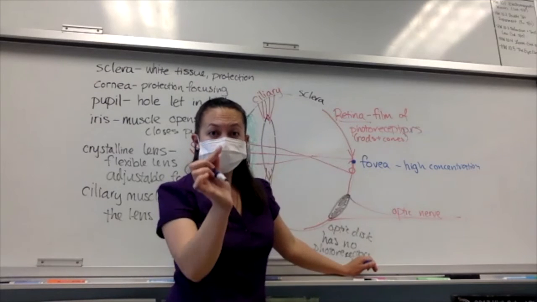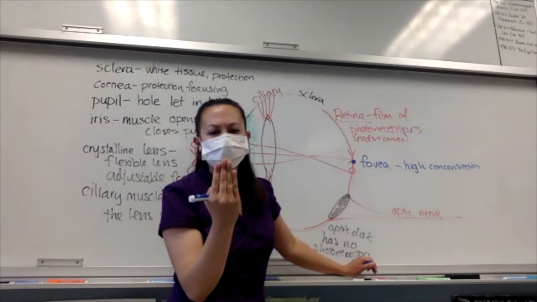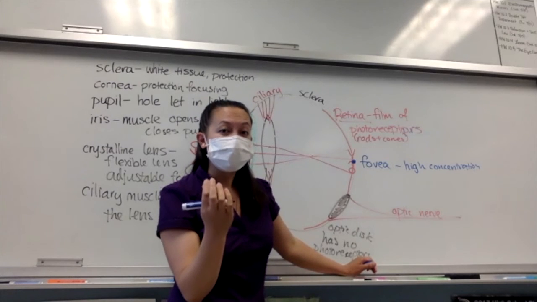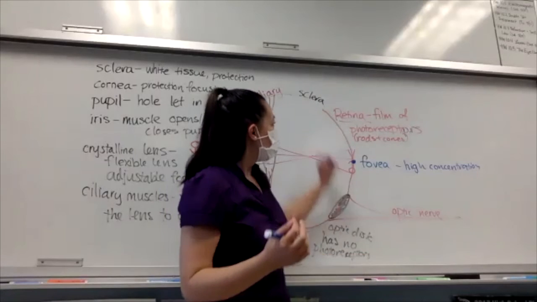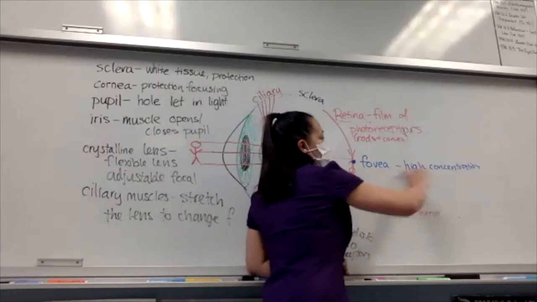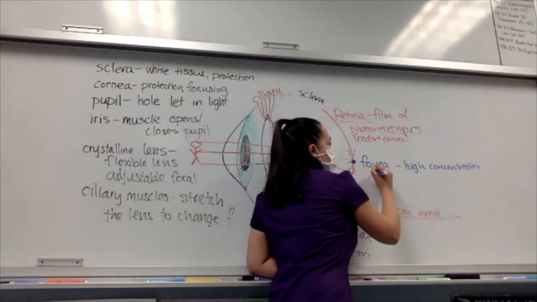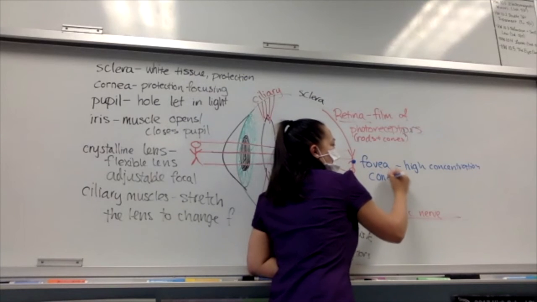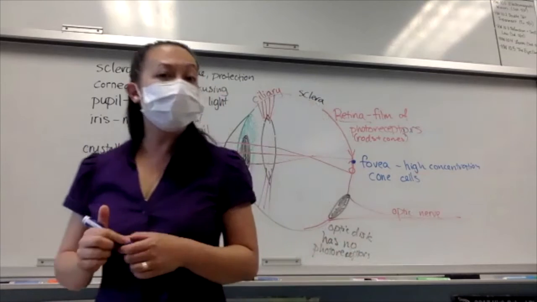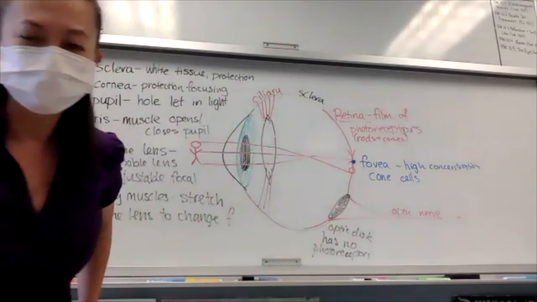When you're focusing on something, like looking at your fingerprints, you're using all the photoreceptors in your fovea to see those. Your peripheral vision comes from the outside parts of your retina. The fovea has a high concentration of specifically cone cells that allow you to see color vision and detail very clearly.